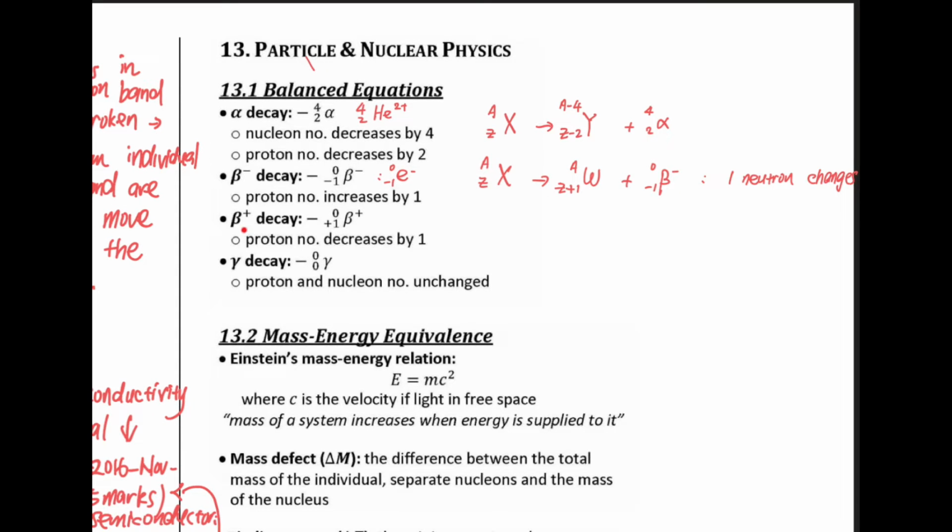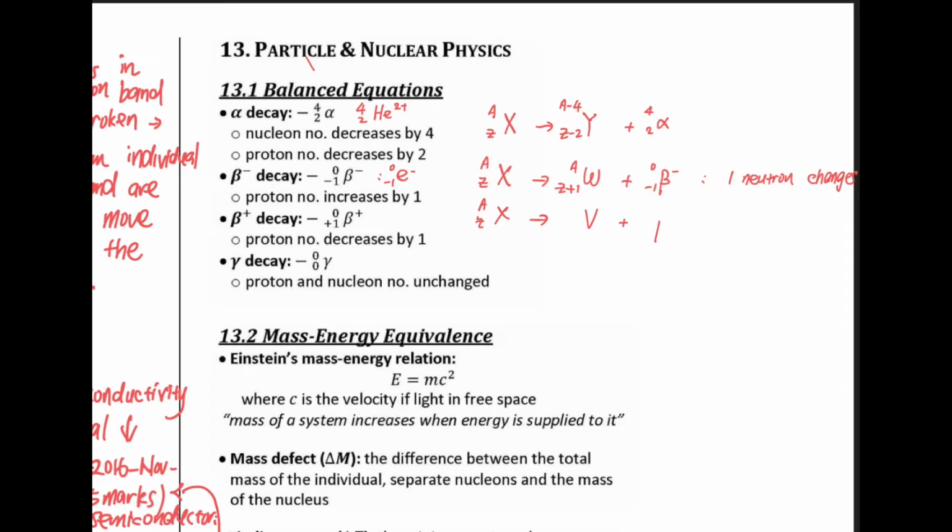This one, beta positive decay. Positron, so it's 0 plus 1. Beta positive is similar to this, but it's the other way around. So it's positively charged. This is -1, this is positive 1. Now, for example, let's say I have A Z X changing to W X. It's a positively charged electron, so we call it positron.